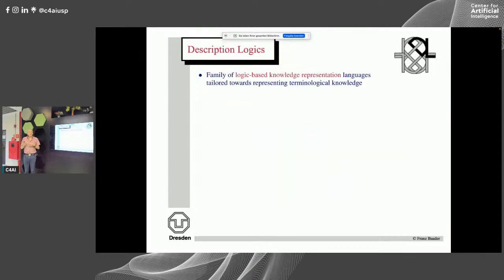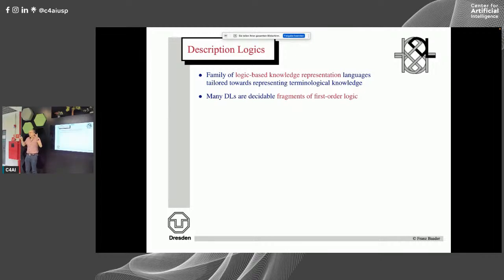Now, description logics, as I said, is a sub-area of knowledge representation where we want to represent terminological knowledge. So we want to be able to define the important notions of an application in an unambiguous way, so that everyone knows what this means. If you start with the demand that you want to have a formal unambiguous semantics, very often you end up with logic as the way of defining the semantics.